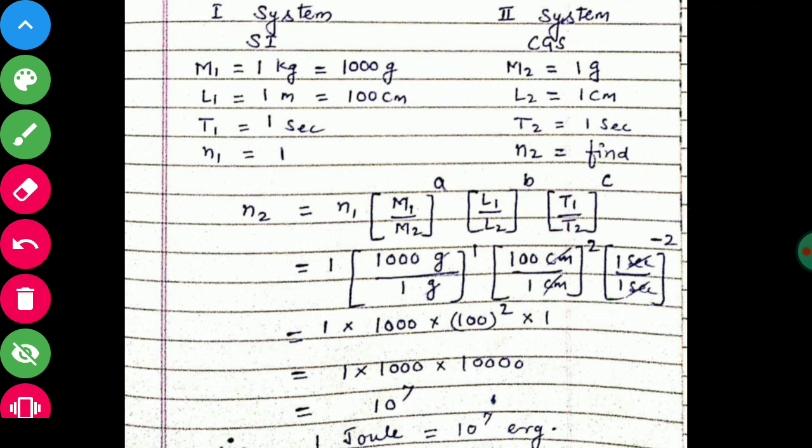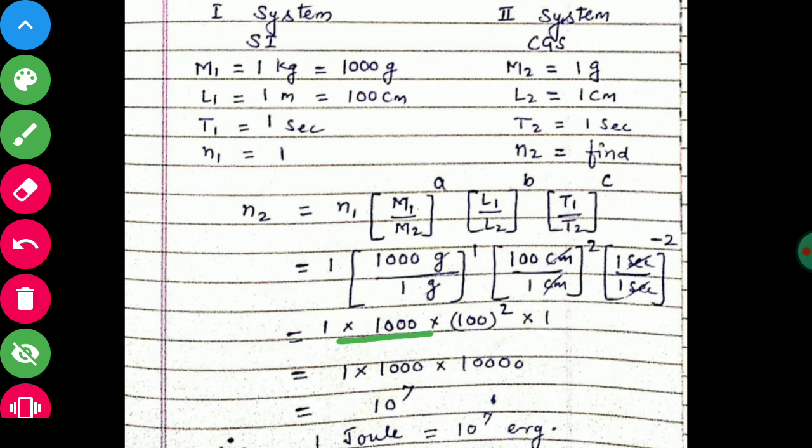Now gram to gram cancels, centimeter to centimeter cancels, second to second cancels. Now 1 into 1000 raised to power 1 is 1000, and 100 by 1 raised to power 2 is 100 raised to power 2, and 1 by 1 raised to power minus 2. Converting this negative power into positive by taking the reciprocal, 1 by 1 is still 1, and 1 raised to power 2 is 1.